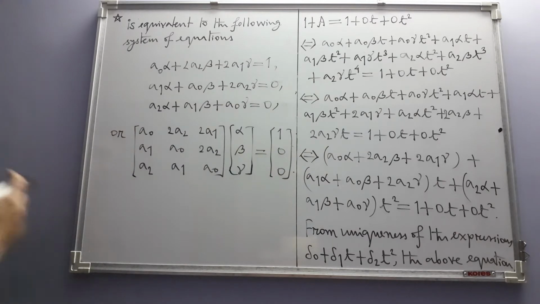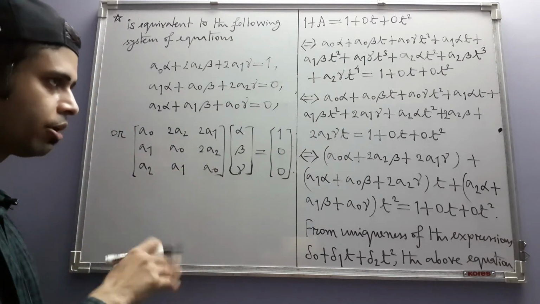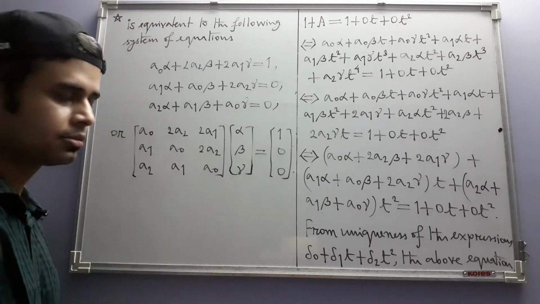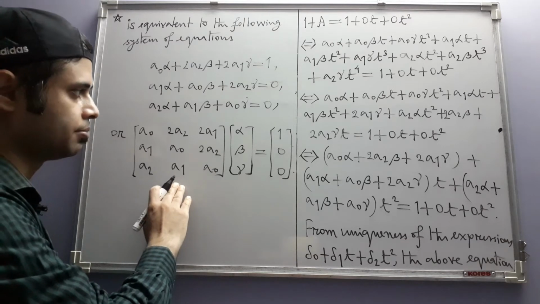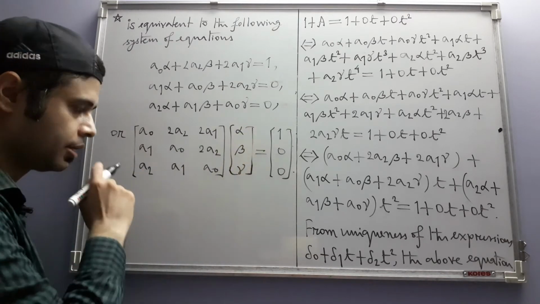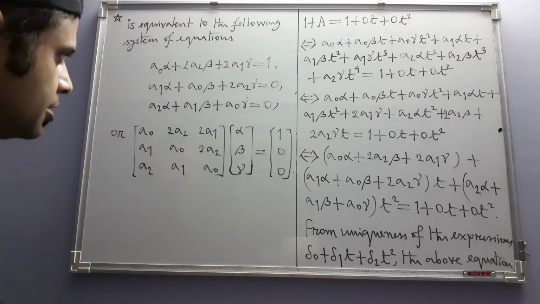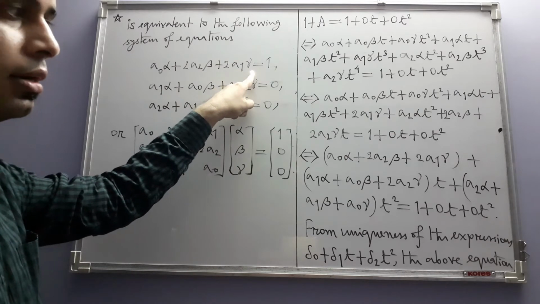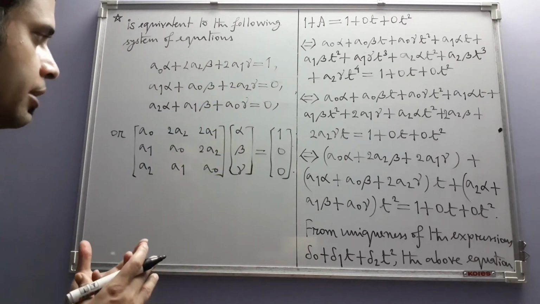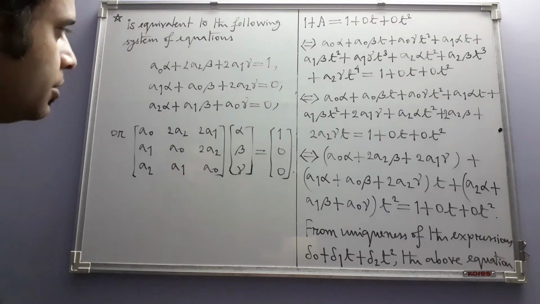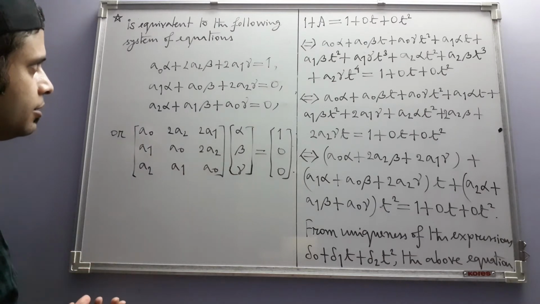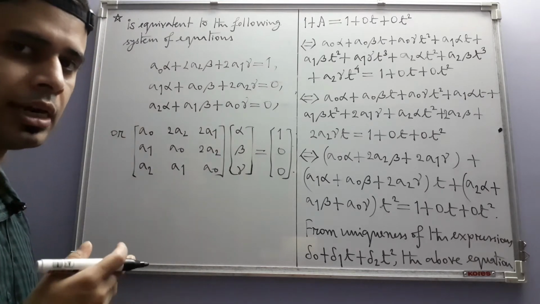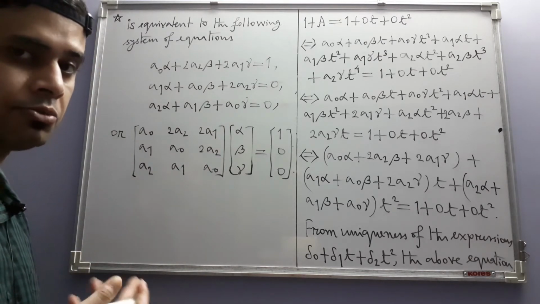Now if it happens that this matrix is non-singular, that is if it has an inverse, then clearly we can find a solution. This may be a little confusing, because this alpha, beta and gamma are things whose existence we want to prove. So you can think of these alpha, beta and gamma as variables, some things that we want to find out.